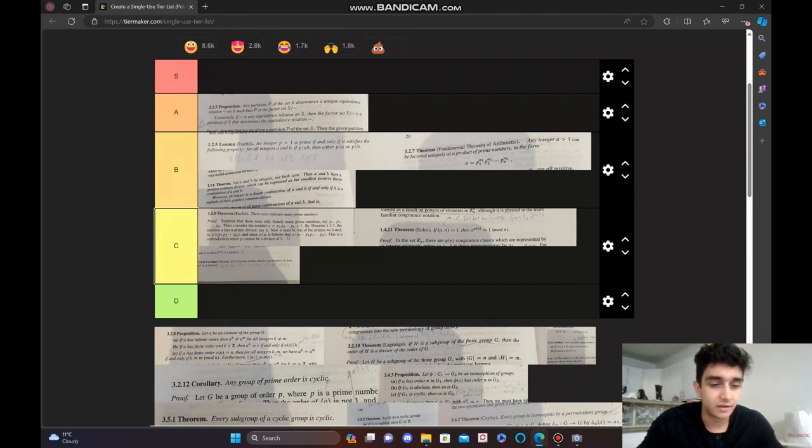It's saying that if an element a of the group G has infinite order, then a to the power of k is not going to be equal to a to the power of m for any distinct integers k and m. And there are some other results about orders, for example, if you take the cyclic subgroup generated by a, then the order of that subgroup is equal to the order of a. So that's actually a useful result.